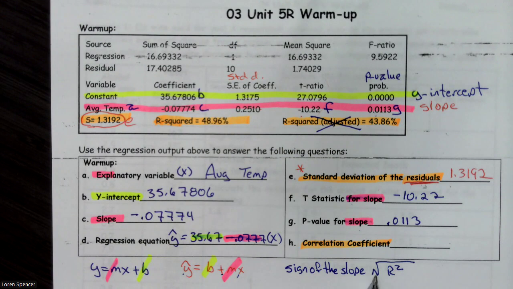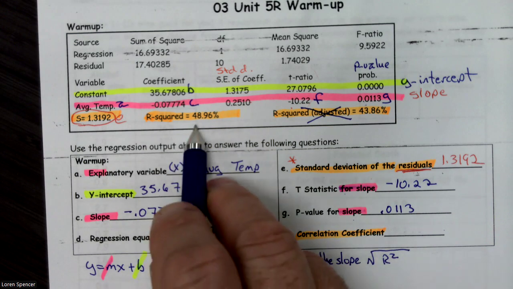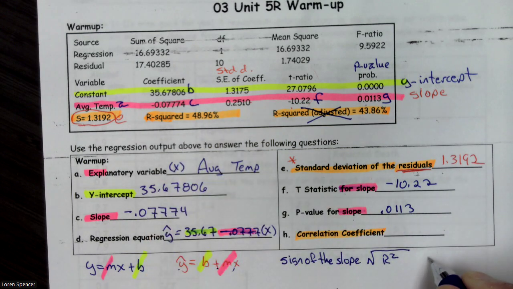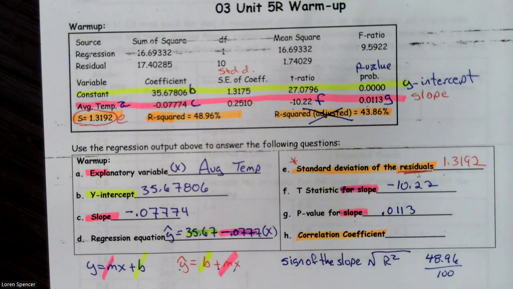So we're going to take the square root of 48.96. But before I do that, I need to turn it into a decimal. And remember to do that, we always put percents every single time, always put it over 100. So we're going to take 48.96 and divide it by 100. And we get 0.4896. All right.